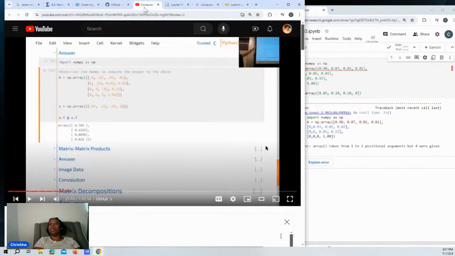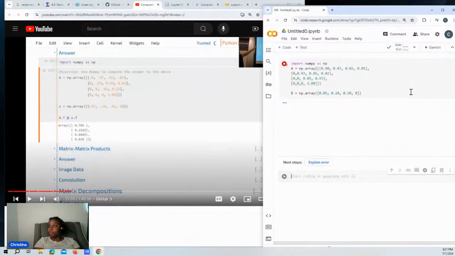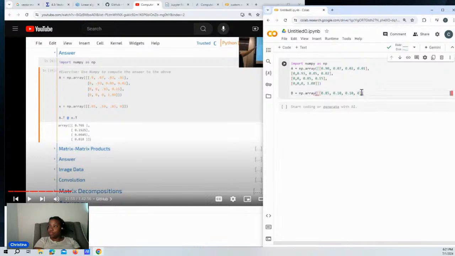Oh, this still needs to be wrapped all together as a matrix inside of a NumPy array. Okay, there we go. And then this is not an array, it is a matrix, so it needs 2.